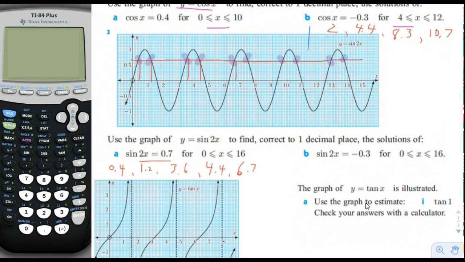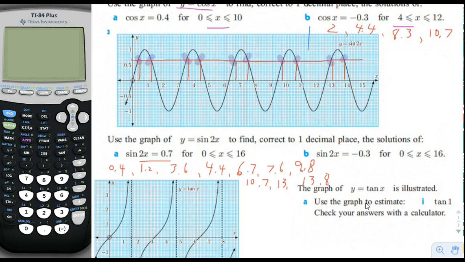Here's one about 7.6. Here's one about 9.8. Here's one about 10.7. There's one that's like 13 exactly. And this is about 13.8. Wow, that's a lot of solutions.